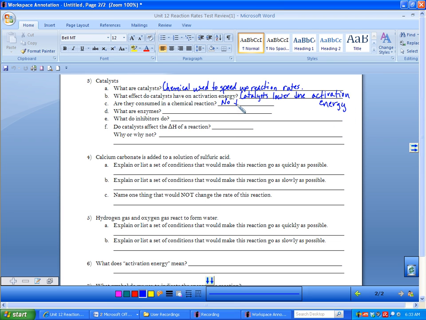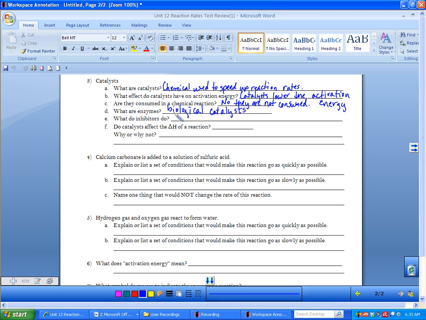No. They are not used at all during the reaction. What are enzymes? Those are biological catalysts. Those are the catalysts that are necessary for reactions to occur in living organisms.